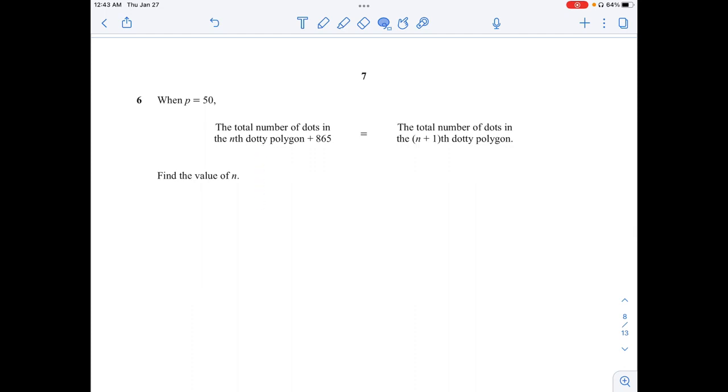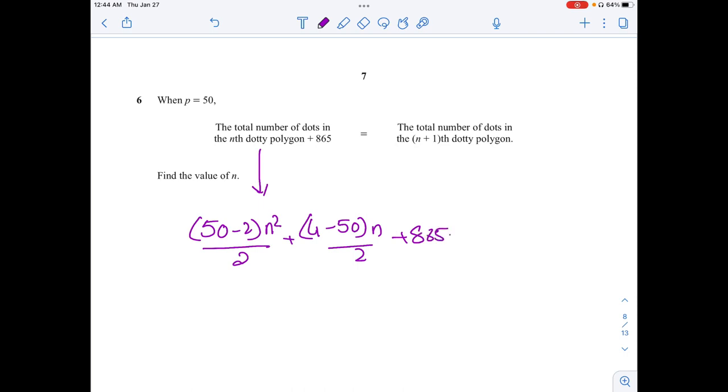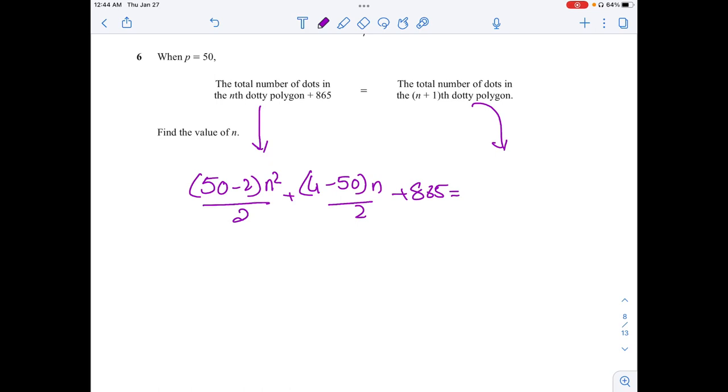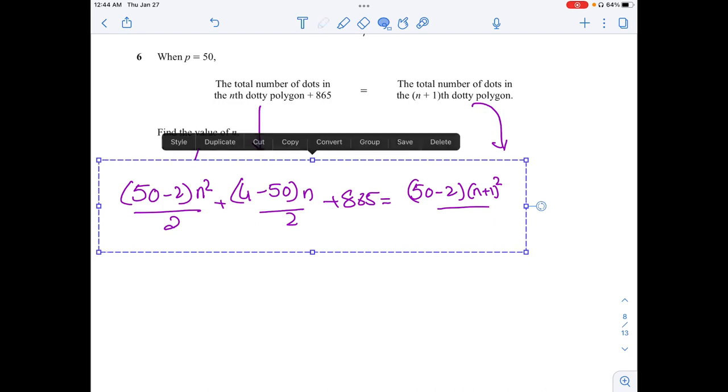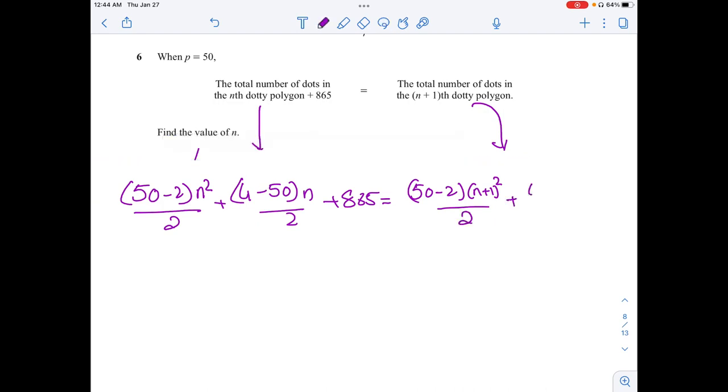So the total number of dots in the nth polygon will be what we just derived: (P minus 2) n square upon 2 plus (4 minus P) n upon 2, plus 865 should be equal to the same expression for the (n+1)th polygon: (P minus 2) times (n+1) whole square upon 2 plus (4 minus 50) upon 2 times (n+1).